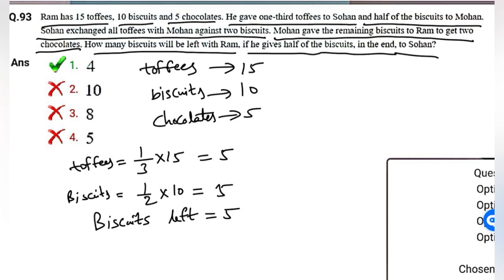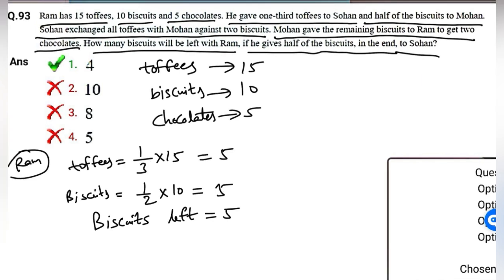Now Sohan exchanged all toffees with Mohan against 2 biscuits.